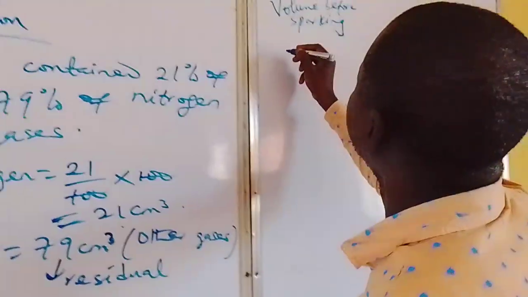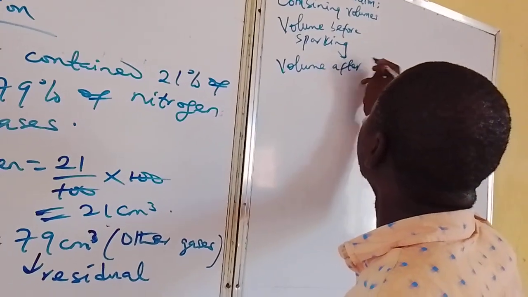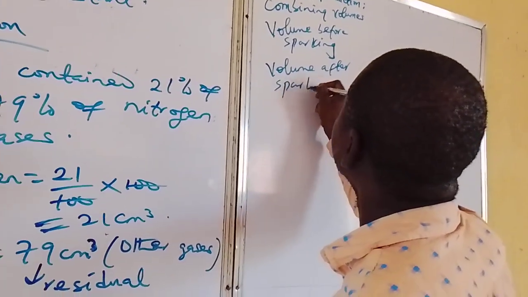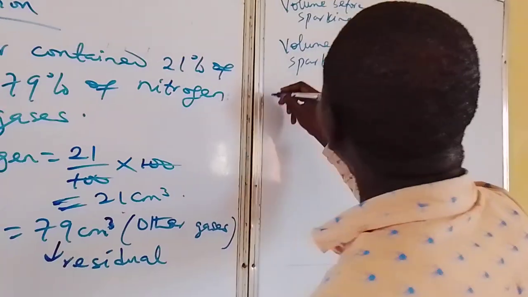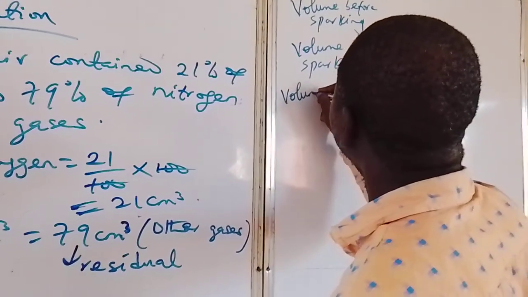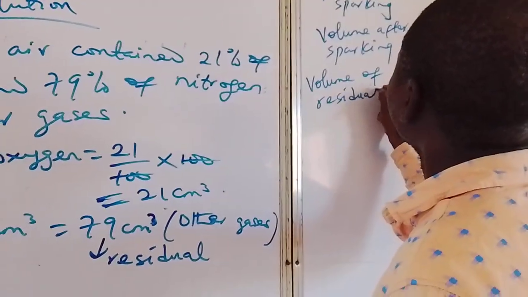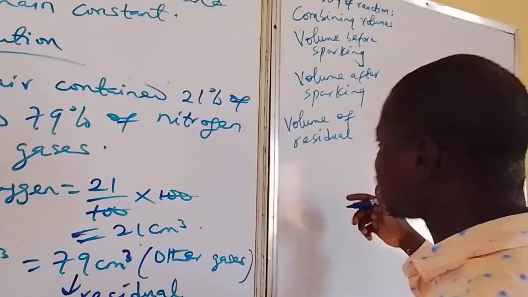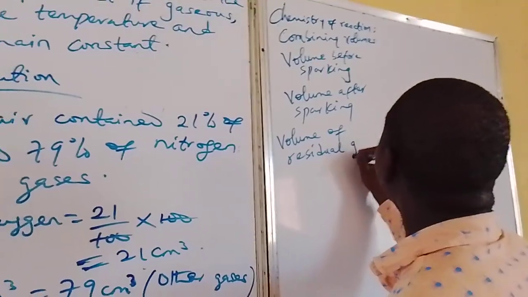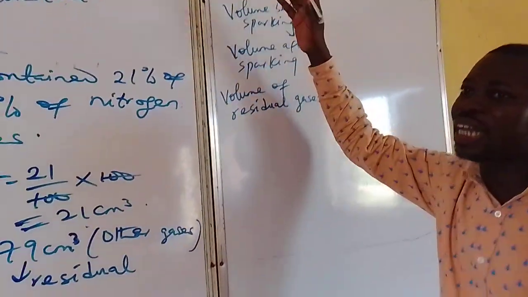Then the volume after sparking. Then the last line will be the volume of residual gases. Some use residual, some use resulting. So now let's pick them one after the other.